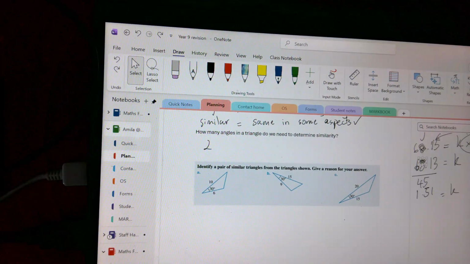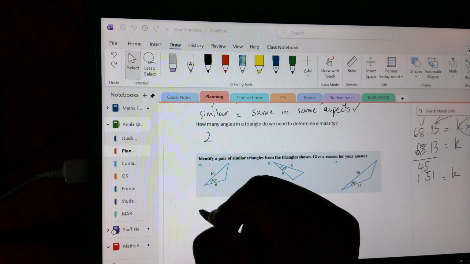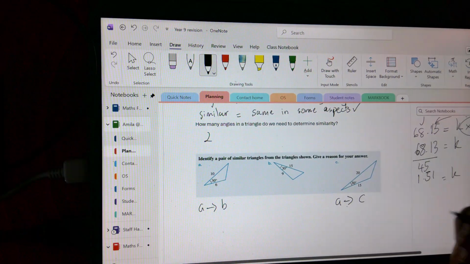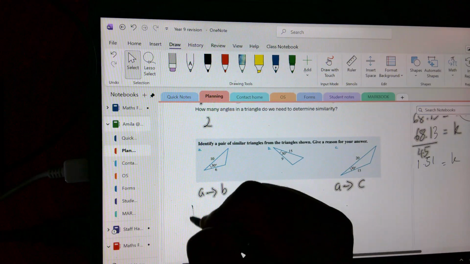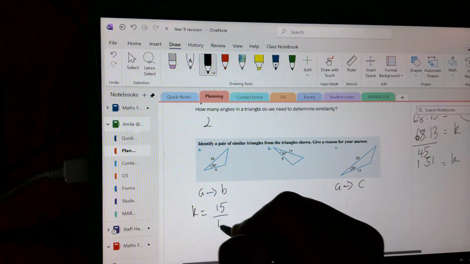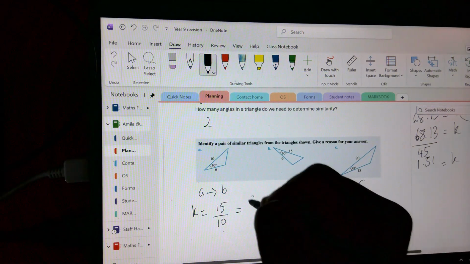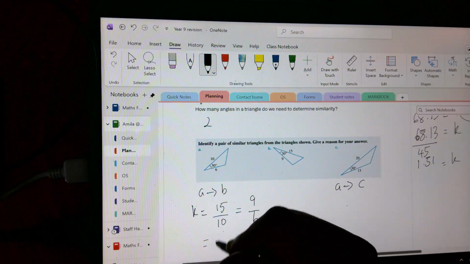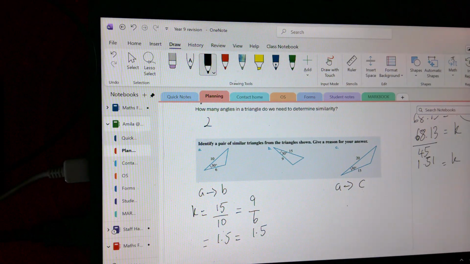So I'm going to compare A and B, and then A and C. For my k value, I'm going to compare 15 and 10, and that should be in the same ratio as 9 to 6, which is 1.5, and the other one is also 1.5. So they're similar.